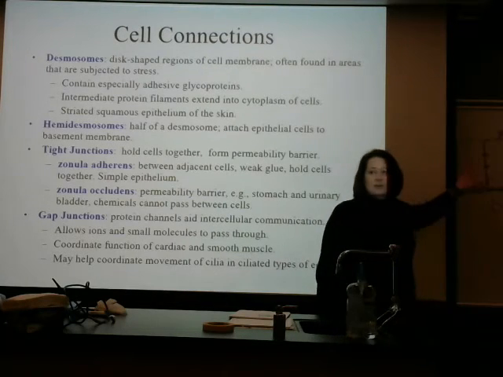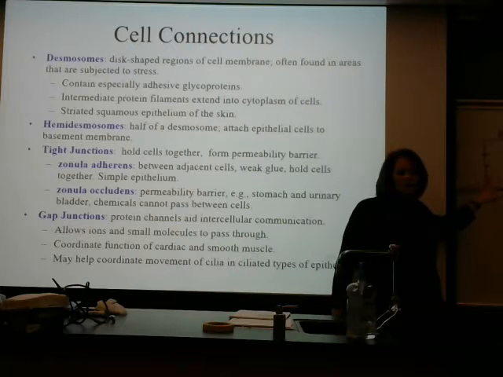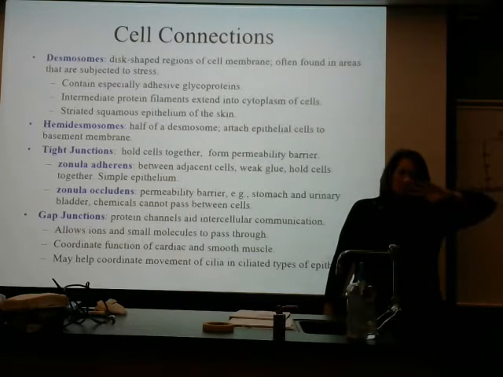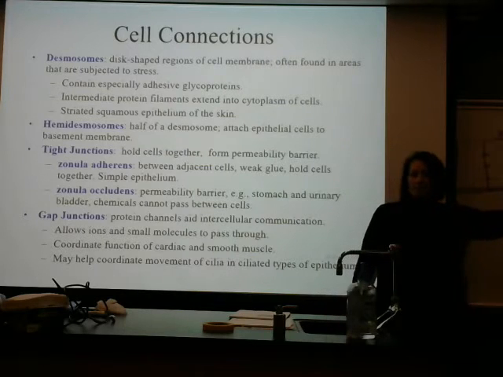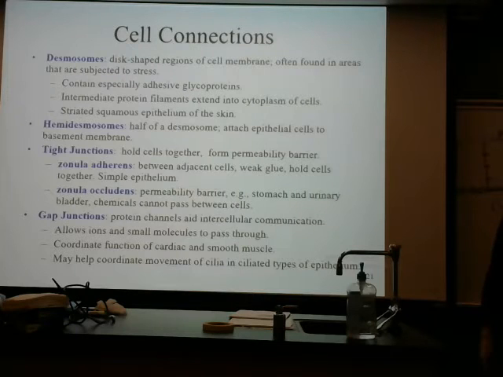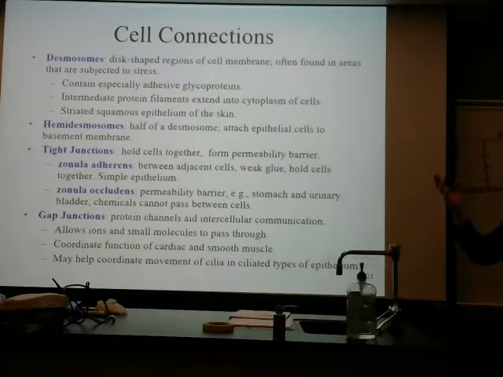When we talk about these cells right here, they are very protective. Materials that are going to be found in the extracellular matrix, or materials that are going to be found, for example, in the blood vessels, you're going to find these cells lining the nephrons of the kidneys, so it's going to be movement of fluid.